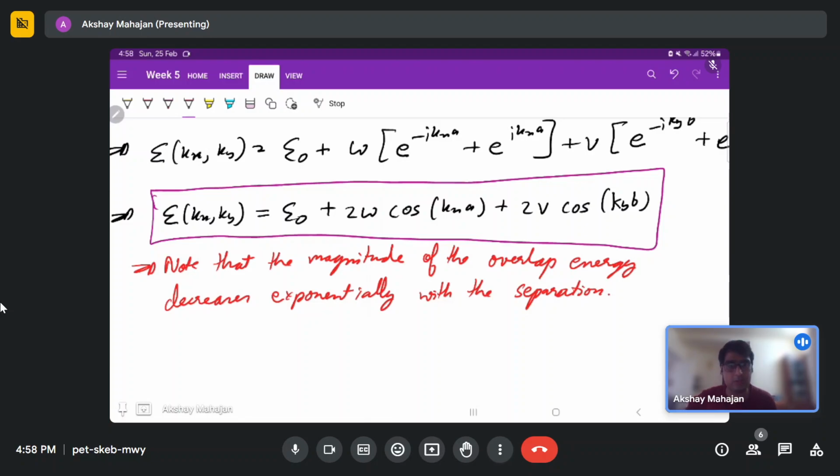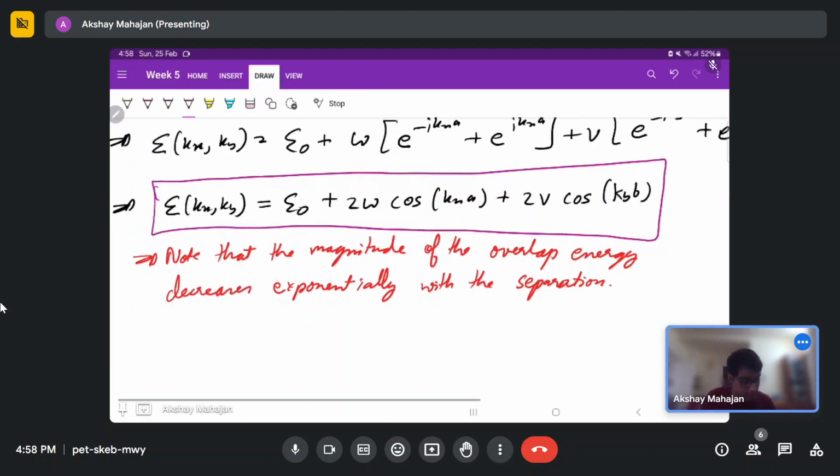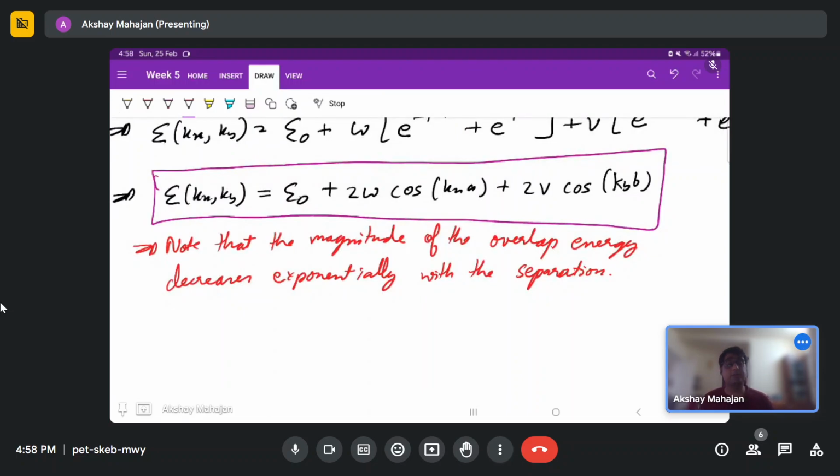You can check this from Kittel as well. Actually, this exact line is written in Kittel as well, so I've just taken it from there.